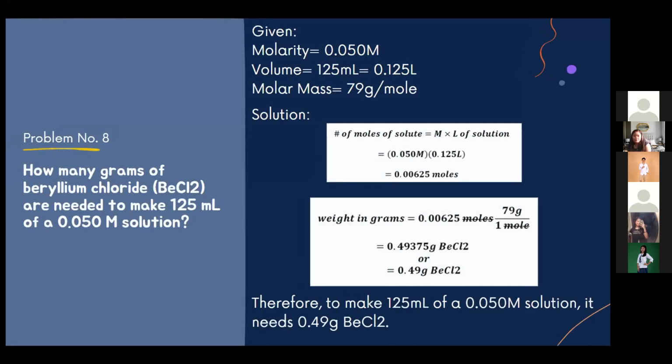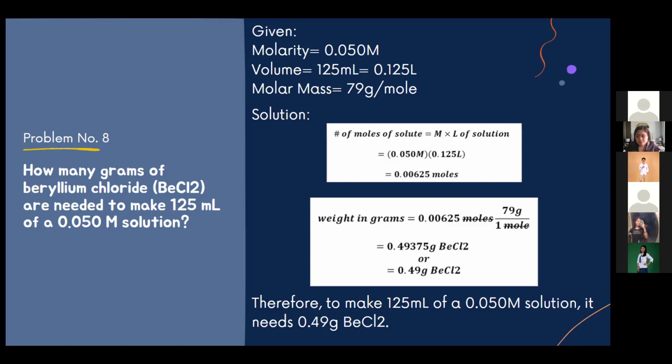For number 8, how many grams of beryllium chloride are needed to make 125 ml of a 0.050 molar solution? Before siya mahanap, kailangan muna natin hanapin ang moles of solute gamit ang molarity na formula. Ang molar mass is 79 grams per mole. So, gi-derive ang molarity na formula para mahanap ang moles of solute. Ang kalabasan niya is i-multiply na lang ang molarity at liters of solution.